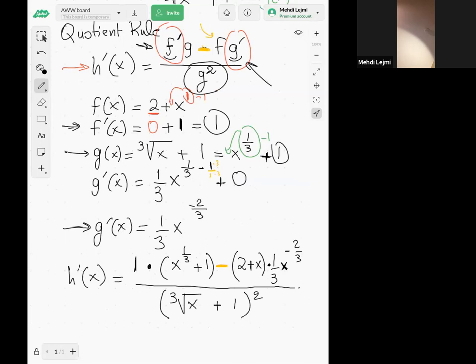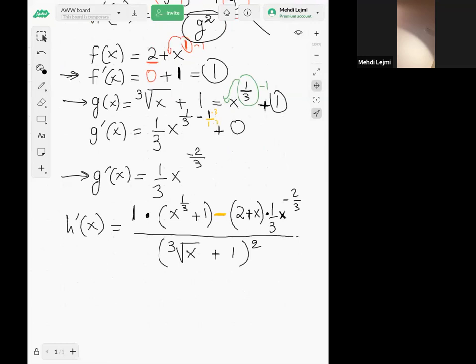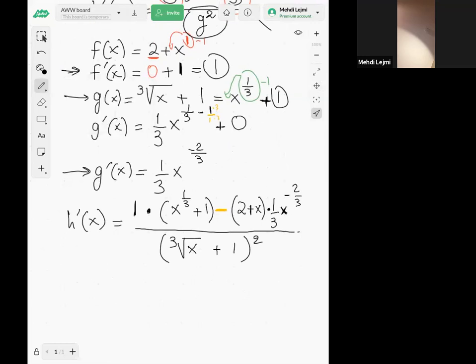So let's see if we can simplify the numerator, let's simplify the top. So h prime of x. 1 times x to the power 1/3, or third root of x, it's just x to the power 1/3. And then there's a plus. 1 times 1, it's 1, of course. And then we have minus.